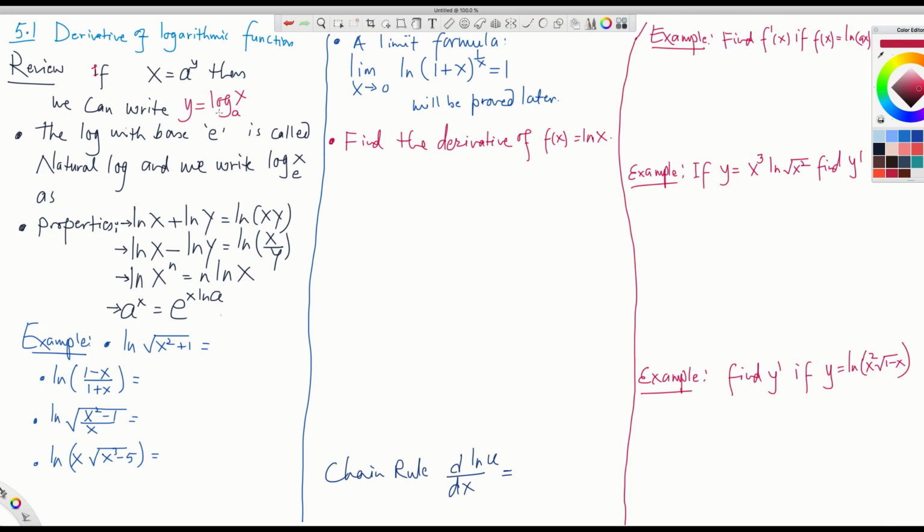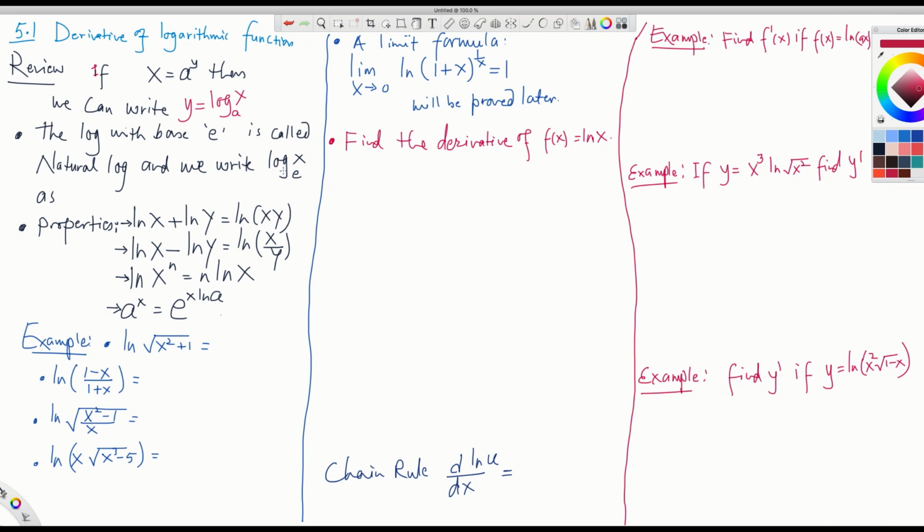How do I read this? I read this as y equals logarithm of x with base a, okay? And also we saw that the log with base e is called natural log. Do you remember that? If the log has base 10, we call it common logarithm, and the log with base e is called natural log.